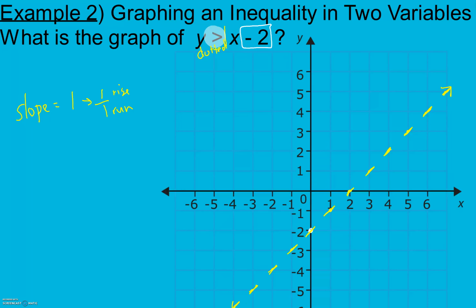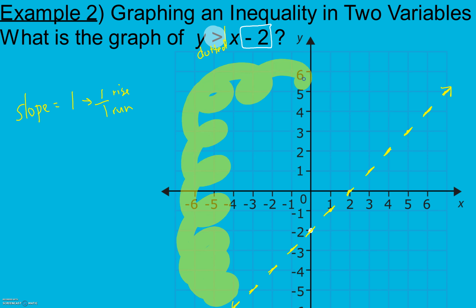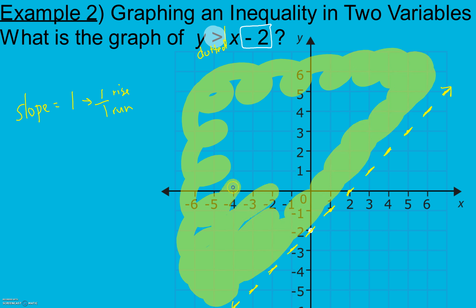So there's our line. Now we have an inequality, which means it's not just things along this line, it's any point that could make it true. So since we have a greater than here, we're going to shade above. Greater means bigger, means above. So our solutions is going to be everything above our line. Couple ways we can tell that here.